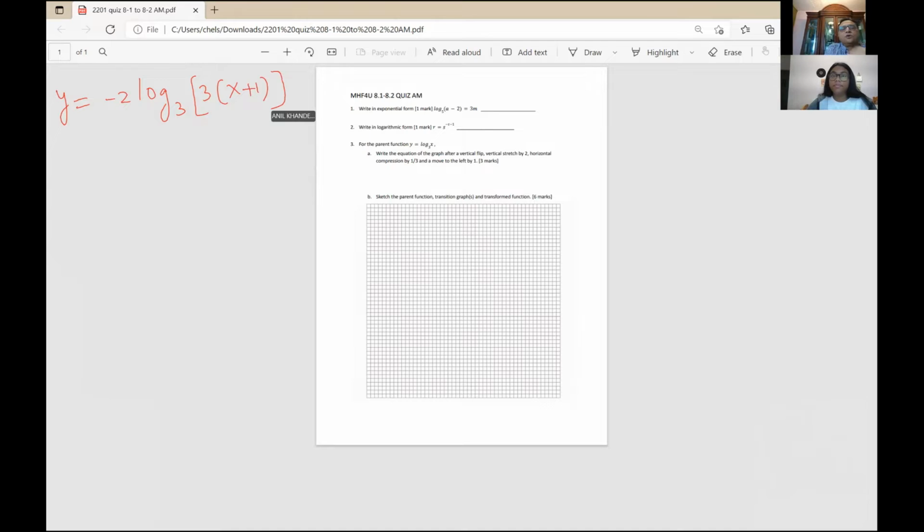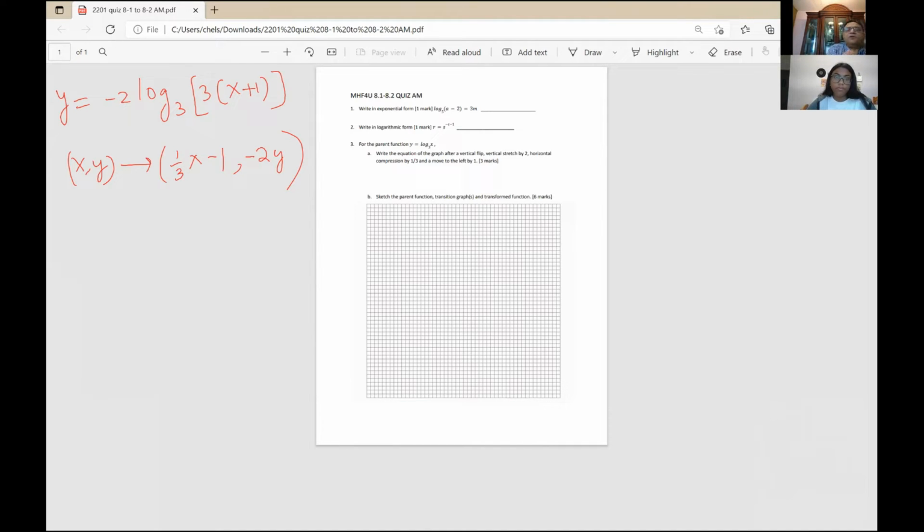So ultimately, if I have a point (x, y) on the original graph, then this function will have an image at a coordinate point whose x value will be 1/3, and then minus 1 because it moves left. And the y value will get multiplied by 2. Is that clear to you? So from initial to final, that is our final result, right?